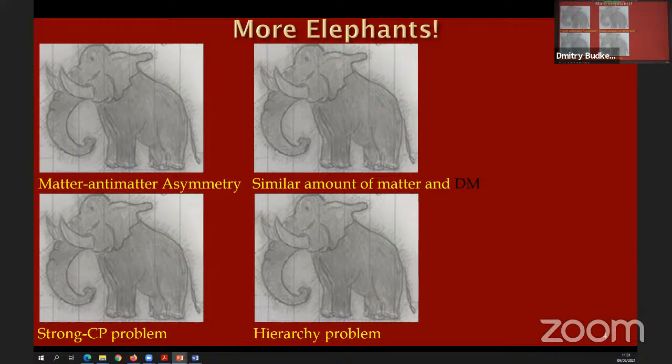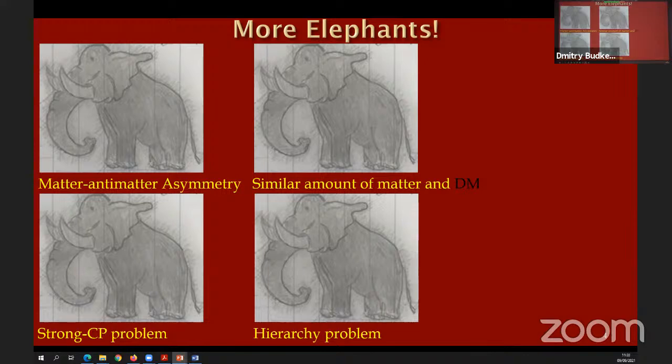And all the particles are very light. All the particles that we know are maybe half an MeV or less than an eV for neutrinos, or maybe GeV, but not 10 to the 19 GeV. Why is there such a hierarchy?